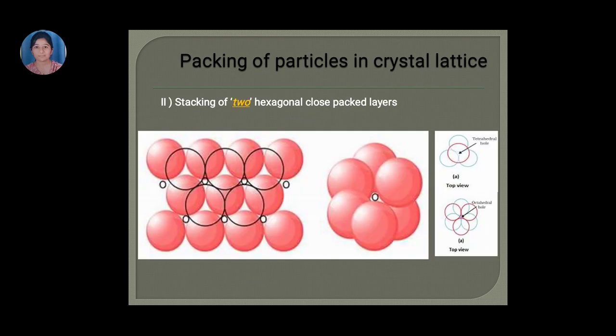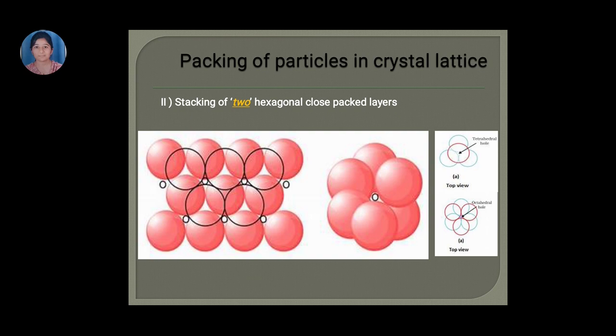Let us move to the stacking of 2 hexagonal close packed layers. Now in the first case we stacked 2 square close packed layers. Here we'll be stacking 2 hexagonal close packed layers. If we consider this back side, which is shown in a reddish color, that is the actual layer which we have seen in the two-dimensional arrangement.